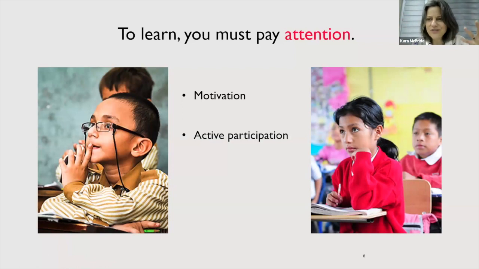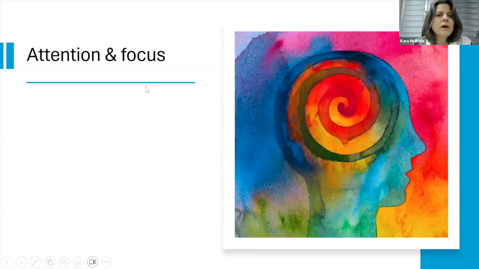Don't just give us a book. We need to be experiencing something. We need to be active. And so, yeah, we need attention and we need focus. This is kind of a theme that we're going to see even in different principles. We need to be focused.